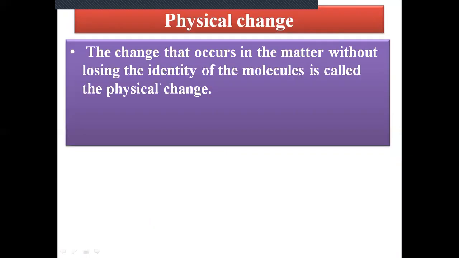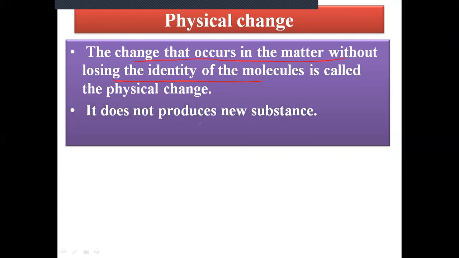What is physical change? The change that occurs in matter without losing the identity of the molecules is called physical change. Meaning that there is no change in the molecular state, no change in the chemical property or chemical composition of a substance under a physical change.